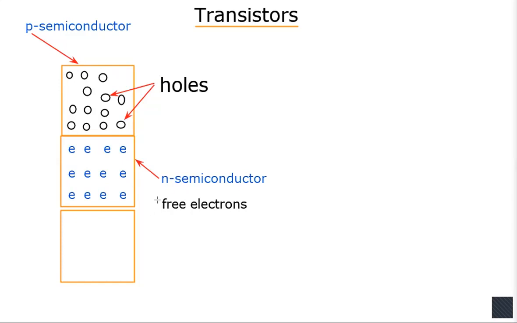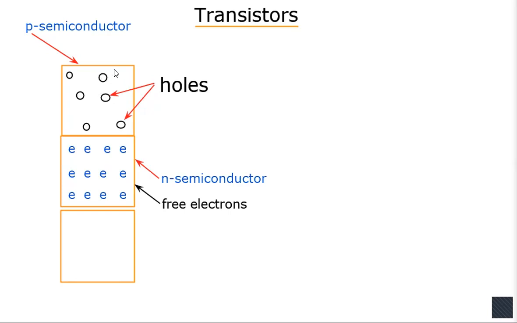The number of arsenic atoms or boron atoms added to a semiconductor is known as its doping level. So look at this connection. I'll reduce the number of holes. Now how many holes are there? Count and tell me. 6, sir.